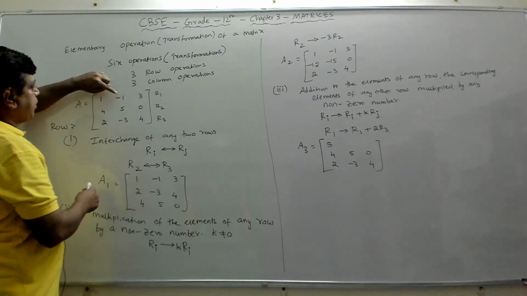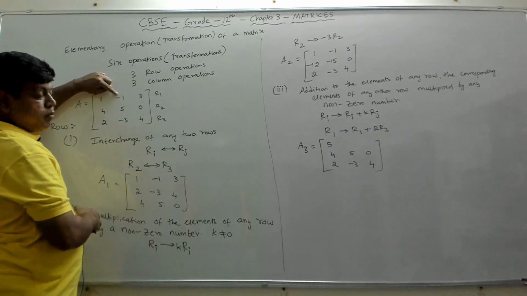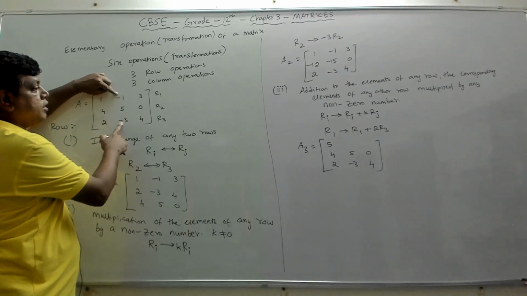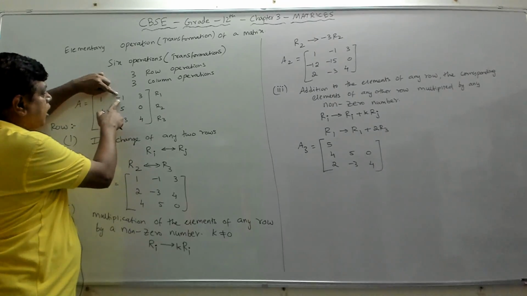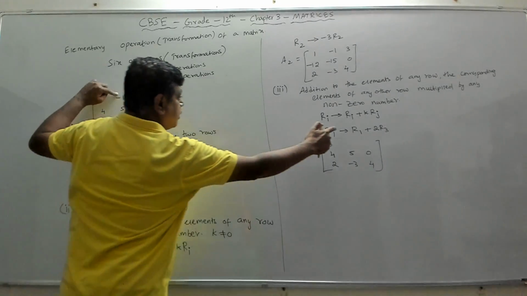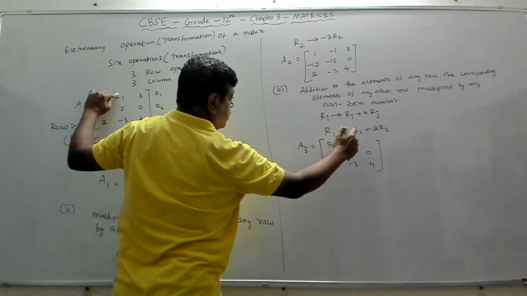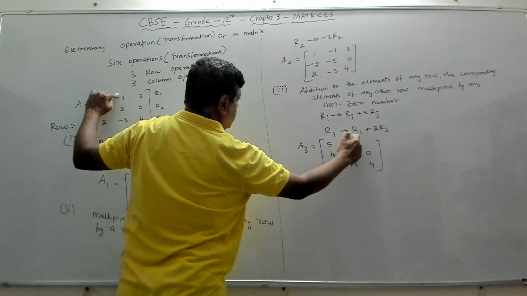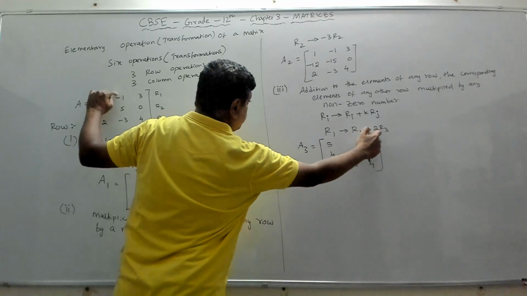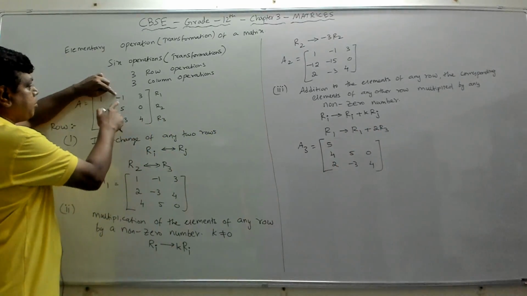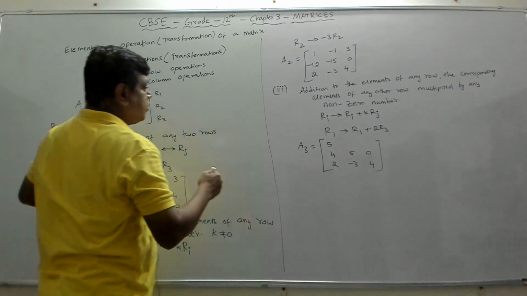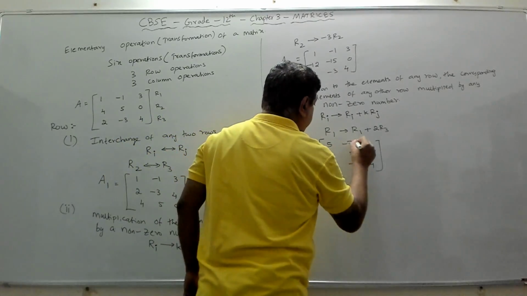Then take the next element: minus 1 plus 2 times minus 3. Here you have to substitute on the right side, R3 is minus 3. So minus 1 plus 2 times minus 3 will give you minus 7.